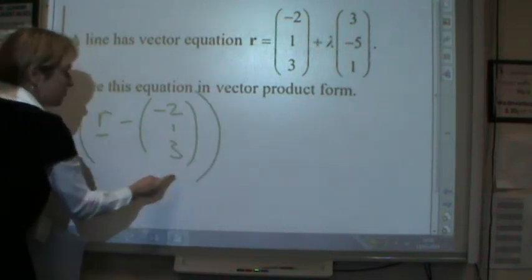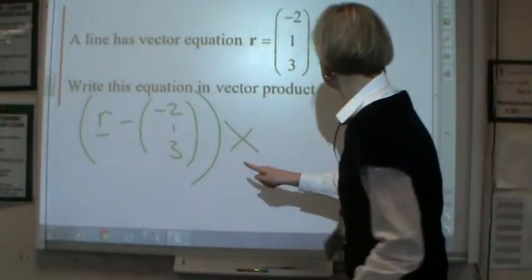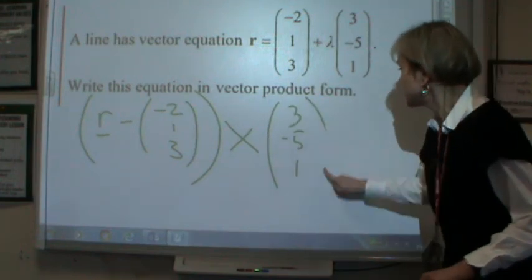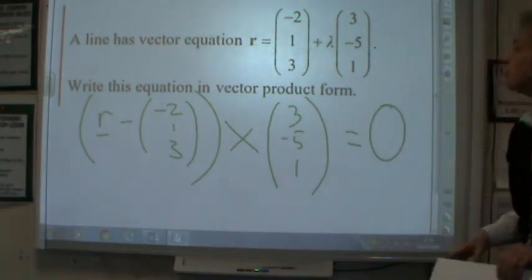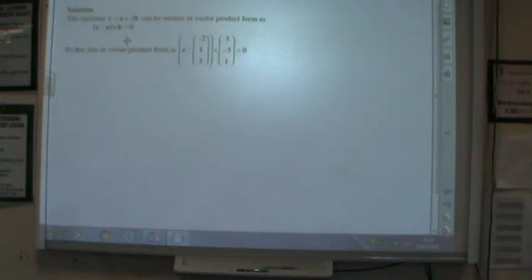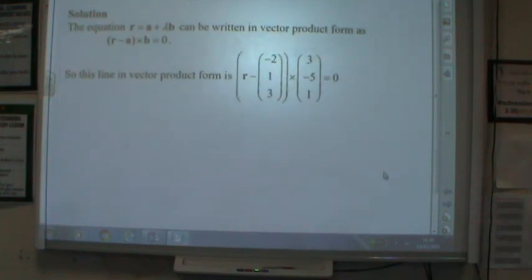You group that together as a single vector, so you put brackets around it. You then take the cross product of that with your direction vector, and you know that equals 0. And that is your answer. Just to check if that's the case. There we have it. There's your answer.